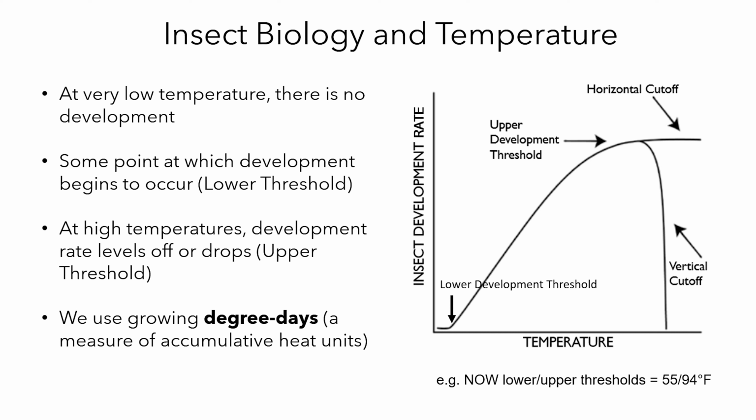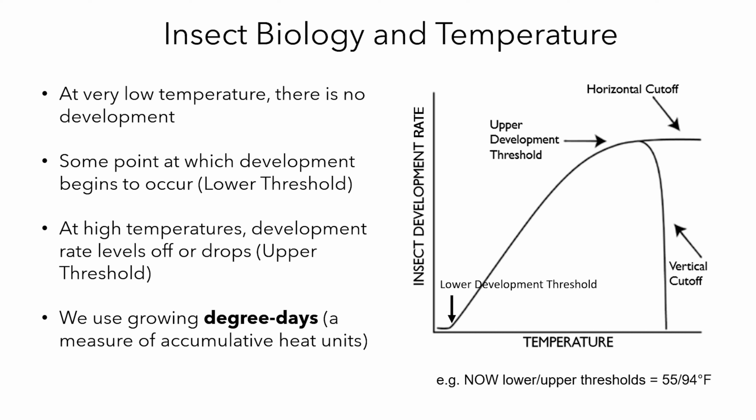At that point, the insect development rate may not keep increasing. It may be constant after that point, so it can plateau. That we call the horizontal cutoff in terms of calculating degree days, and the majority of insects follow this trend, so in the majority of cases we use the horizontal cutoff.